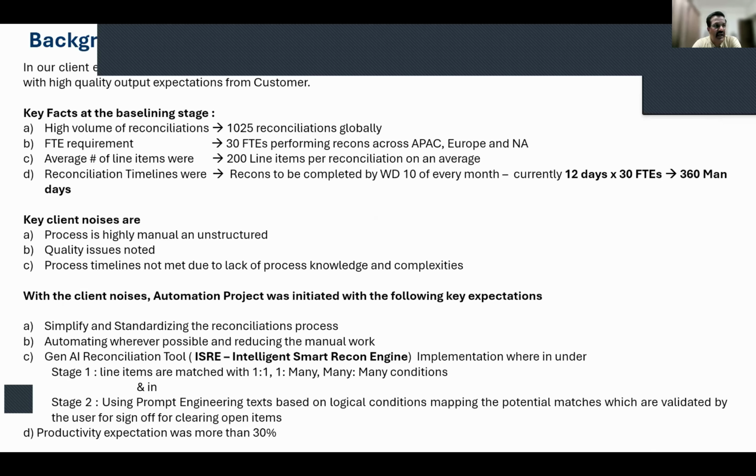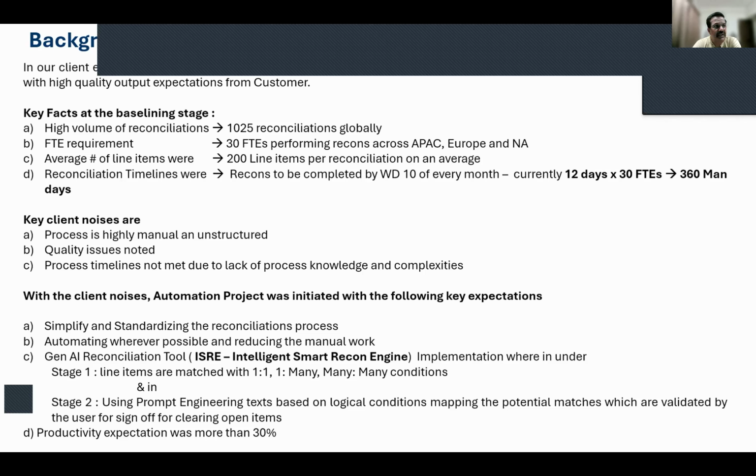The background and the key facts at the baselining stage: a high volume of reconciliations. We have around 1,025 reconciliations performed globally every month. The FTE requirement was 30 FTEs across all geographies, and the average is around 200 line items per reconciliation.